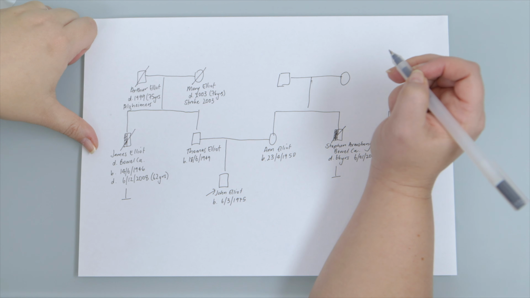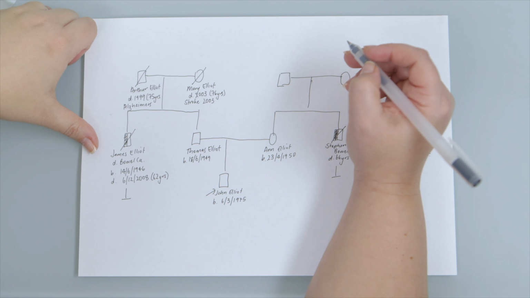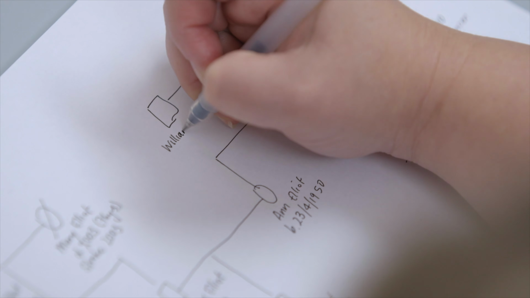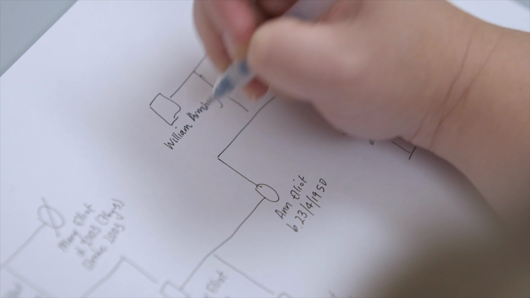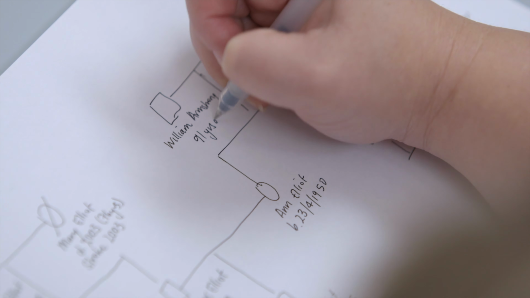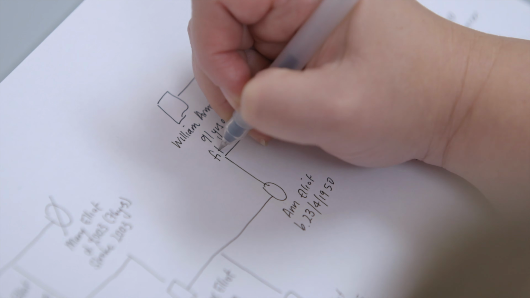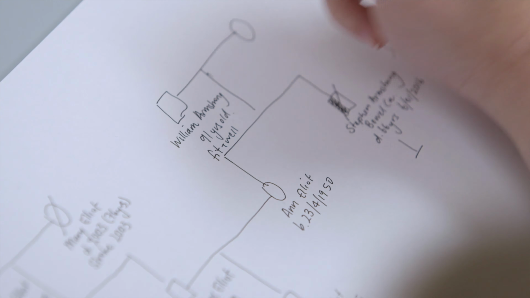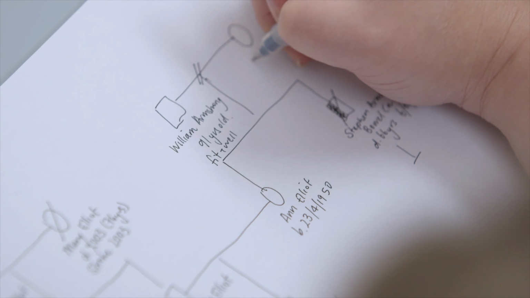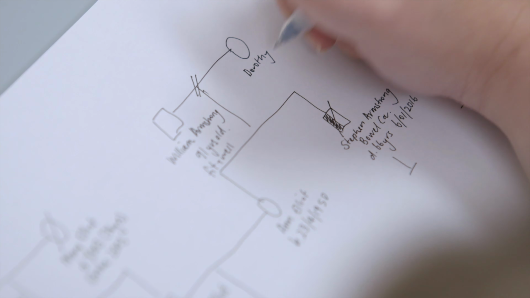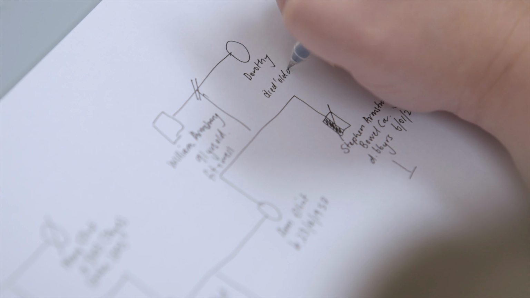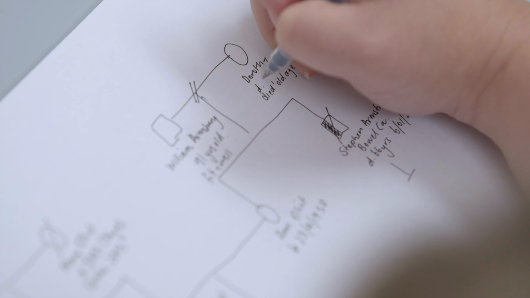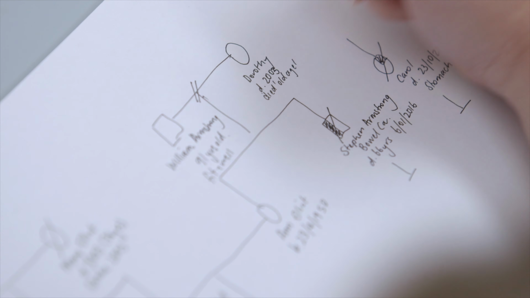Well, my mum's dad, my grandpa William, he's 91, and he's still living at home. He and my grandma Dorothy divorced in 1953. She died of old age in 2003, and she was 80.